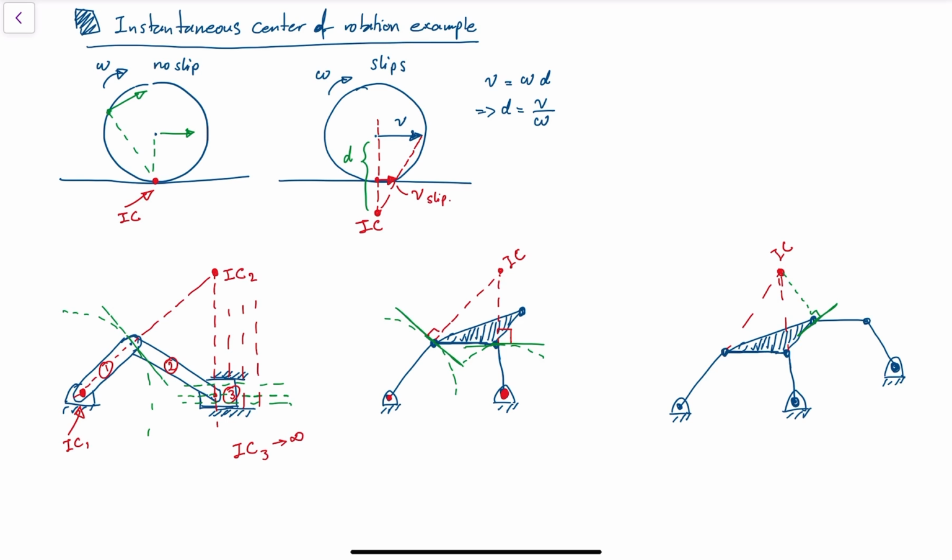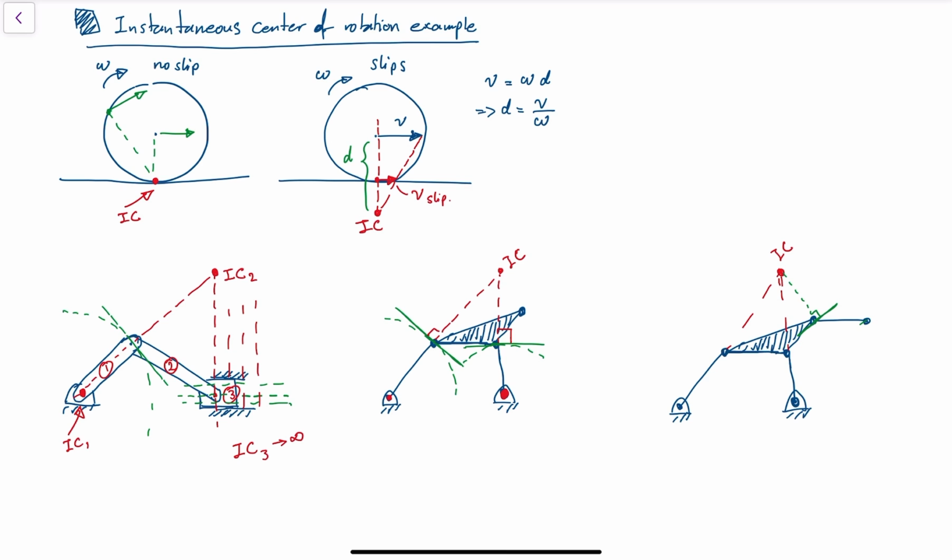I also know this one turns about that hinge point, so the velocity is along the tangent. Normal to these, well, these are parallel. My drawing isn't great. Let me fix this quickly.